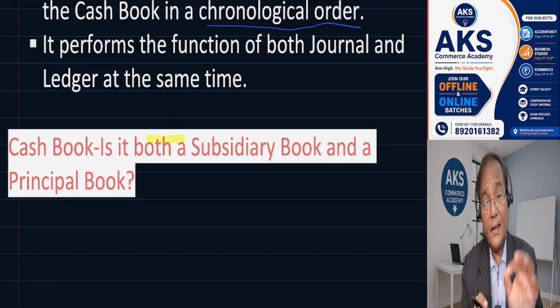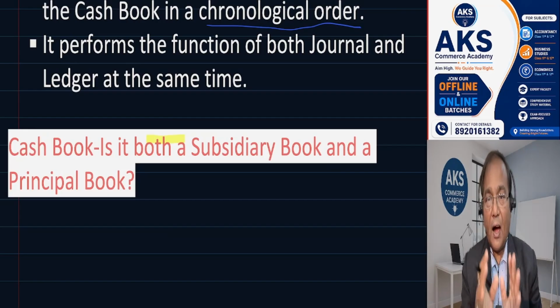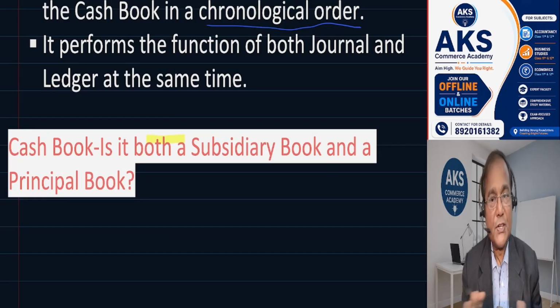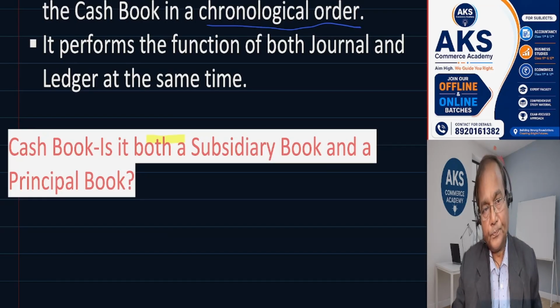However, keep in mind the transactions entered in a subsidiary book will be posted to their respective ledger, but a specific sales account, purchase account or cash account is not required to be prepared.